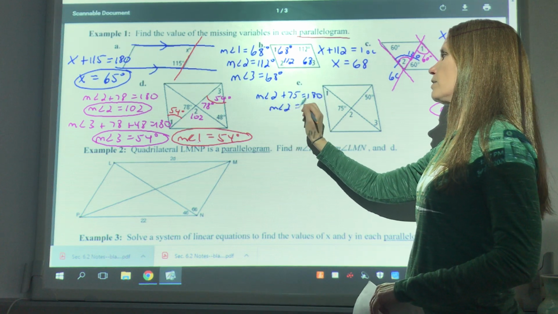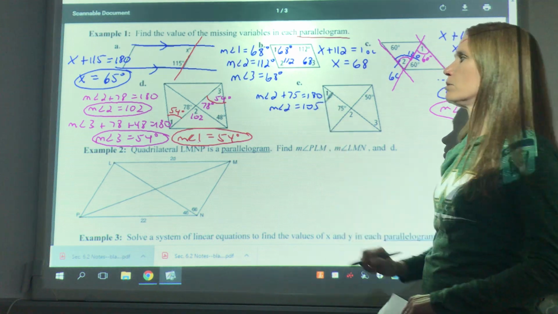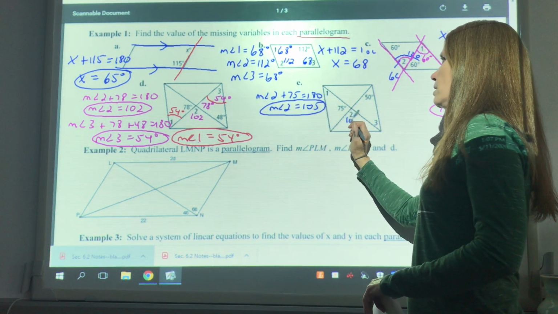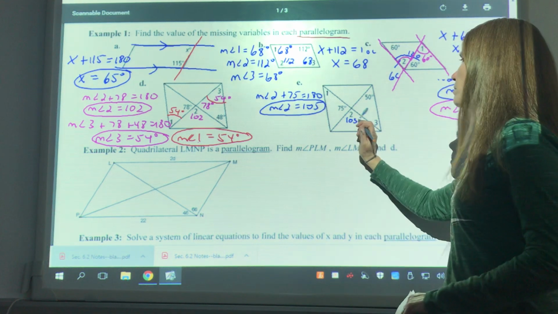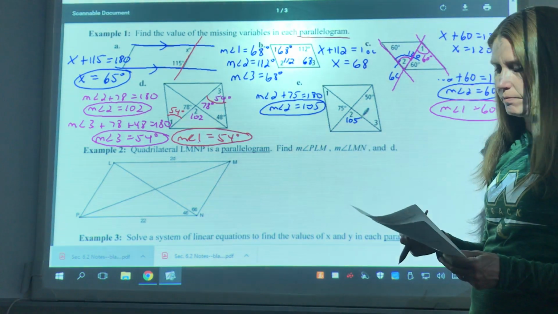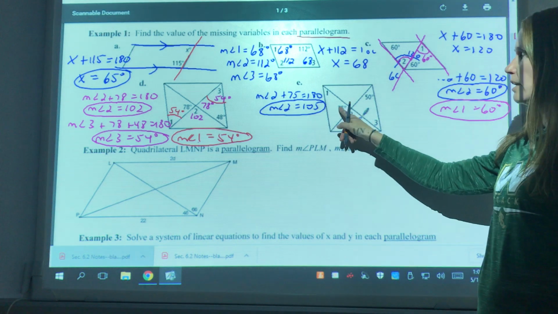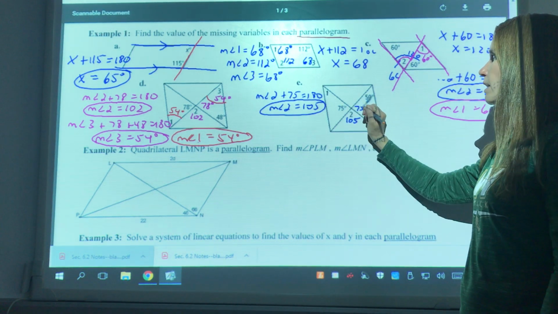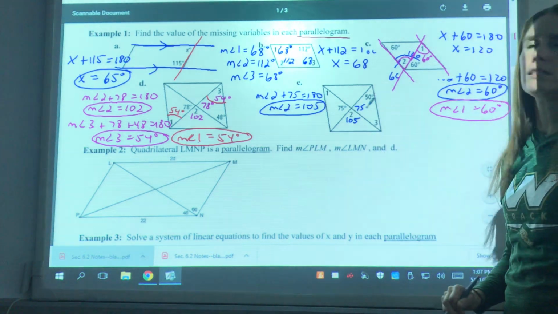So if I solve for that, I get measure of angle 2 is 105. So that's one of my answers. And once I find something, I can stick that in the picture. From there, again, I see my vertical angles. So if that angle is 75, that angle is 75, because vertical angles are always congruent.